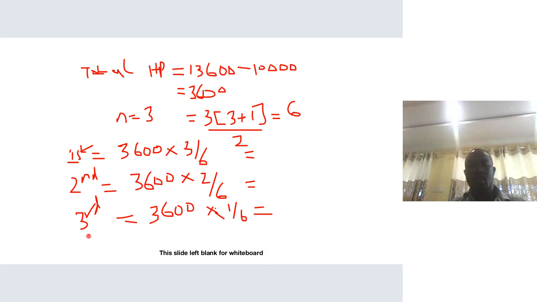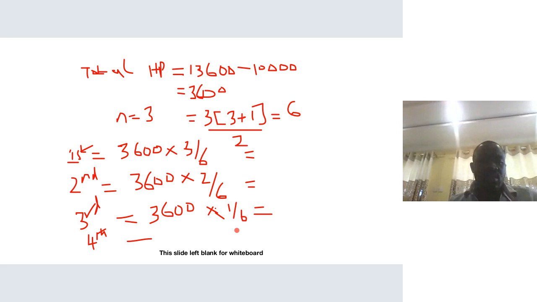And now the fourth installment will have nothing, because it is 3,600 times 0 over 6, which is just 0.